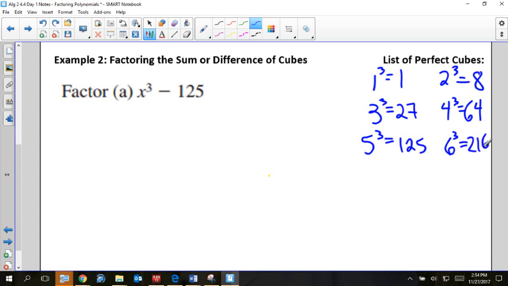It's 216. What's 10 times 10 times 10? 1,000. All right, now what if I did something like negative 2 to the 3rd power?